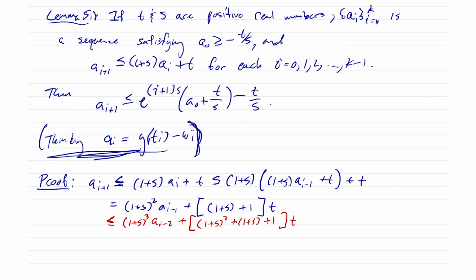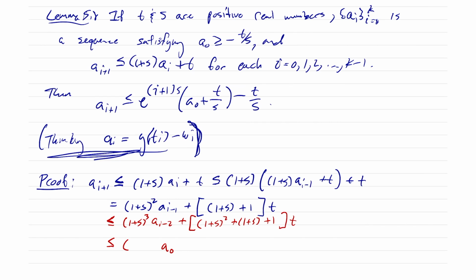Each time we drop down by 1, we end up with another power of 1 plus s. So that's nice. Ultimately, if I'm going to get down to a_0, which was our initial point, then when I went from a_{i+1} down to a_{i-2}, that was a drop of 3, and that exponent went up to 3.